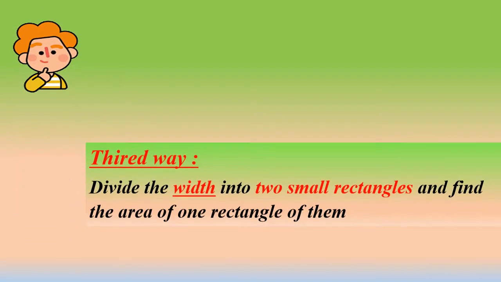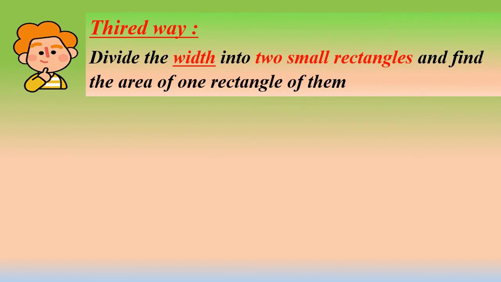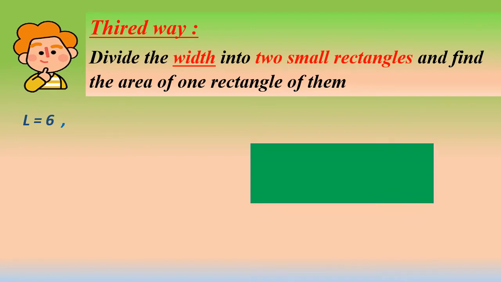The third way. This way I will divide the width into 2 small rectangles and find the area of one rectangle of them. Here I have a garden and the length here is 6 and the width is 4. So I will divide the width by 2.